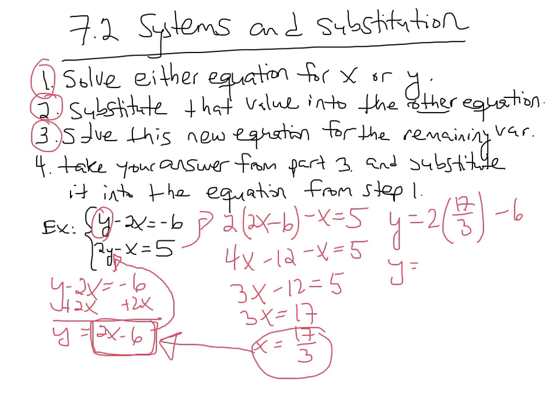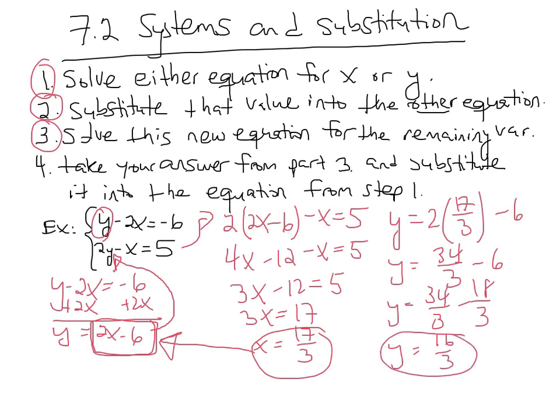So 2 times 17/3 is 34/3. I need a common denominator, so that'll be 18/3. And 34 minus 18 is 16/3. And that is how you solve a system using substitution.